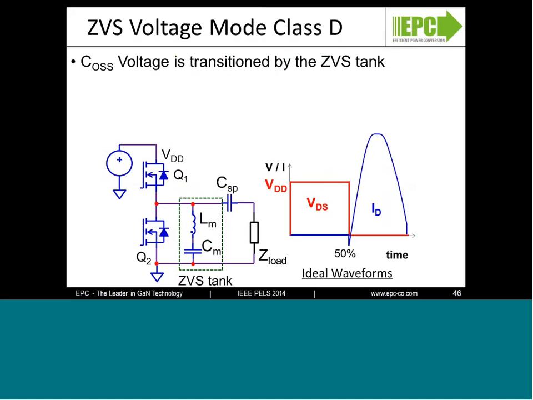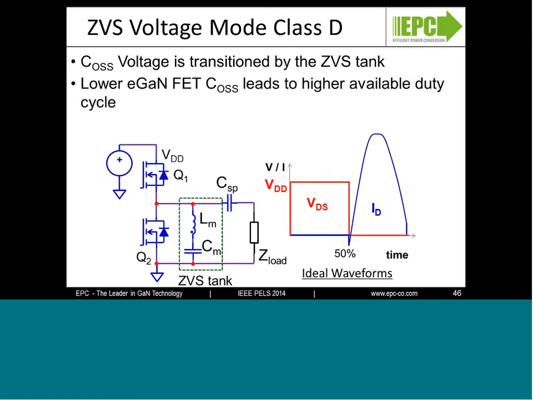So by minimizing the output charge, or the COSS, we can allow for shorter dead time soft switching transitions, and it will give us higher available duty cycles, essentially giving us longer power delivery periods. And that'll give us the highest system efficiency.